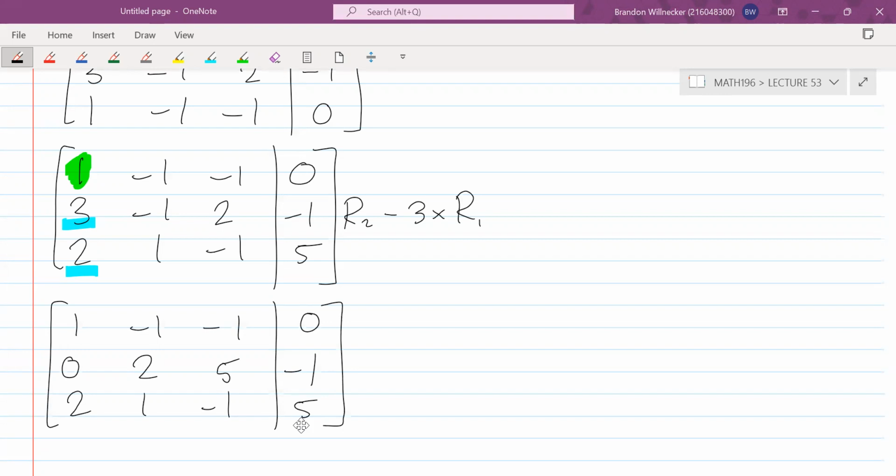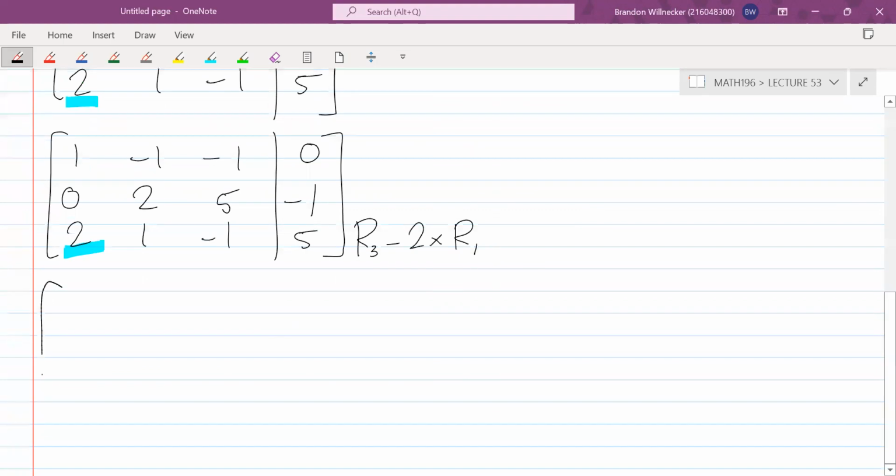Okay, so now we look at the last row. We've got the 2 here. We need to get rid of that. So we can take row 3 minus 2 times row 1. Again, because then the 2 and the 2 will cancel, giving us a 0 there. Okay, so let's do that. So our first row and the second row, they stay the same. 1, -1, -1, 0, 0, 2, 5, -1.